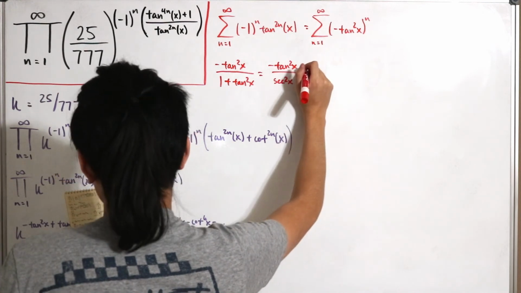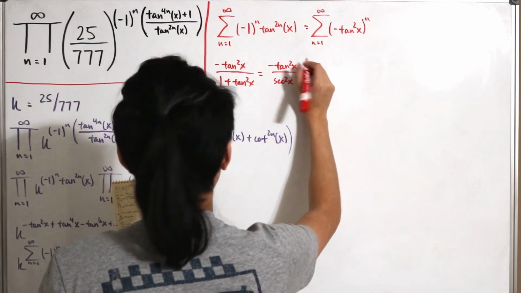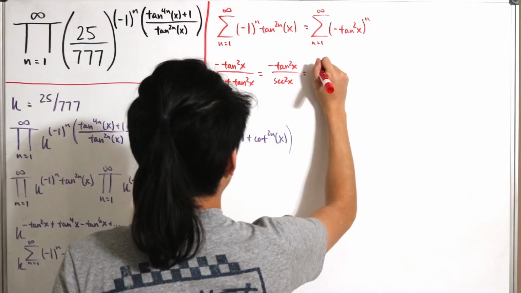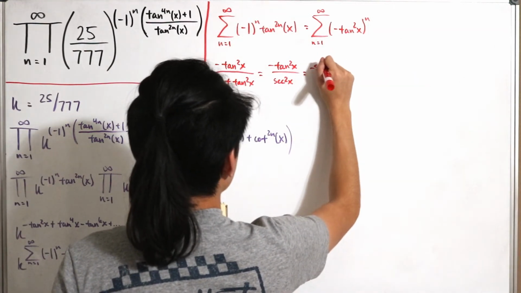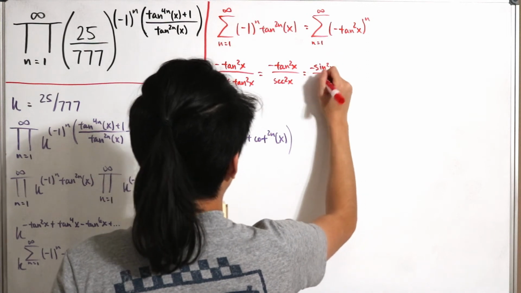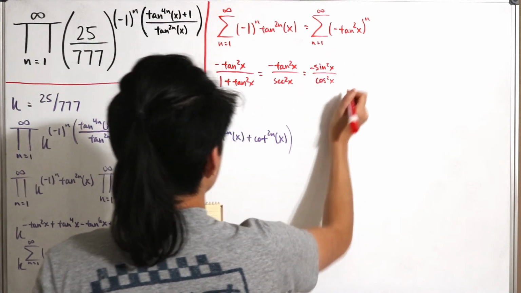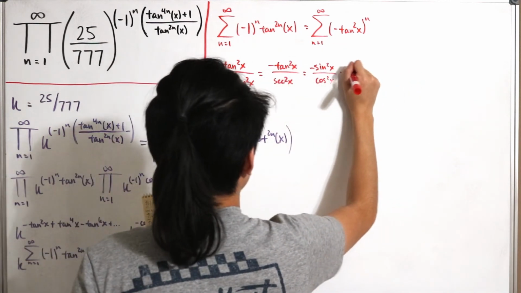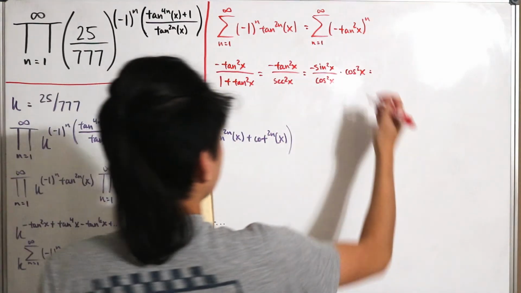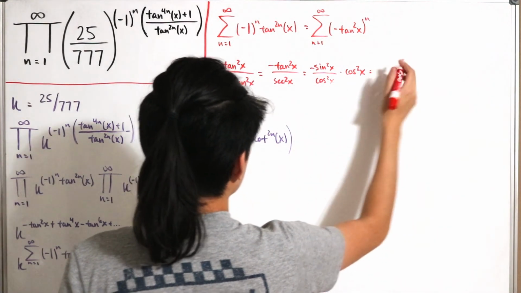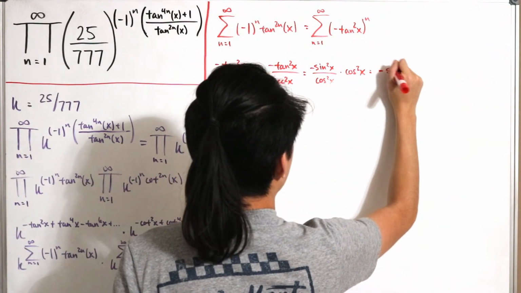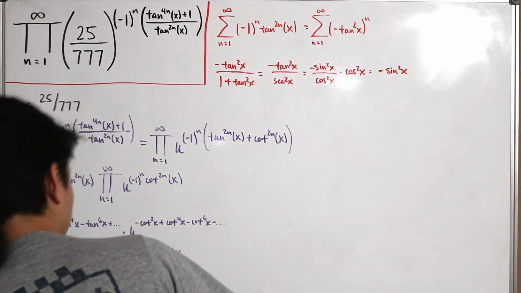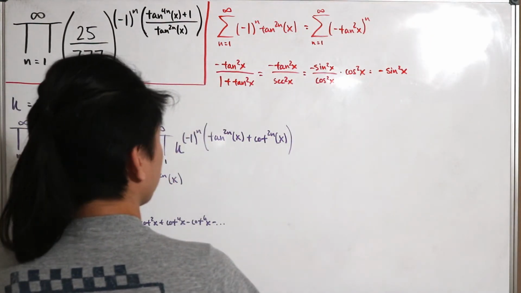All right, so we keep going further, then we can rewrite this as negative sine square of x divided by cosine square of x, then times 1 over secant square of x, which is just cosine square of x, and these cosine squares just cancel, so we're just left with negative sine square of x. All right, so that's one exponent down.